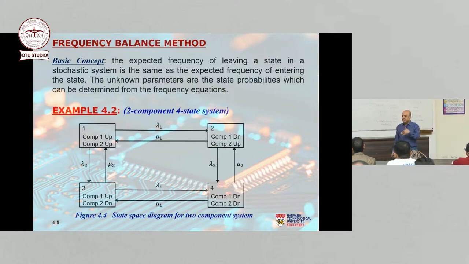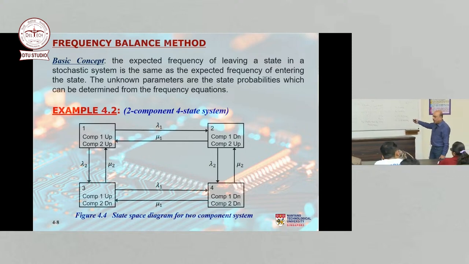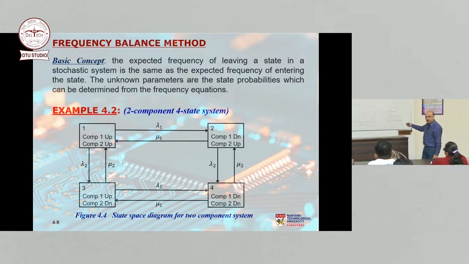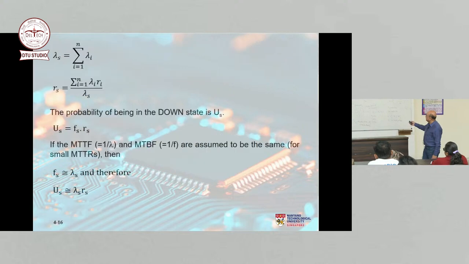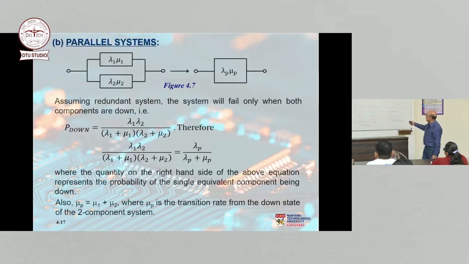But the probability of being down is lambda over lambda plus mu, right? So therefore, the probability of being in this state is lambda 1 over lambda 1 plus mu 1 multiplied by lambda 2 over lambda 2 plus mu 2. So that's what we'll get.